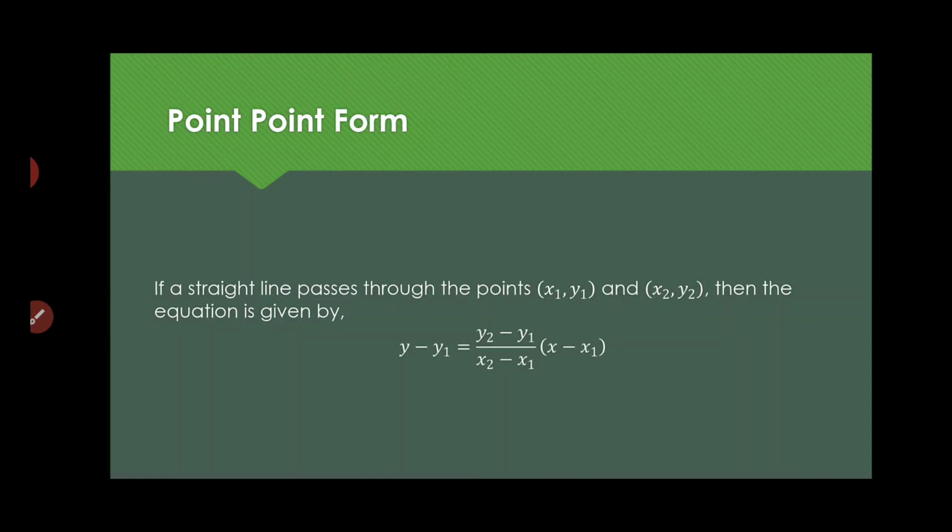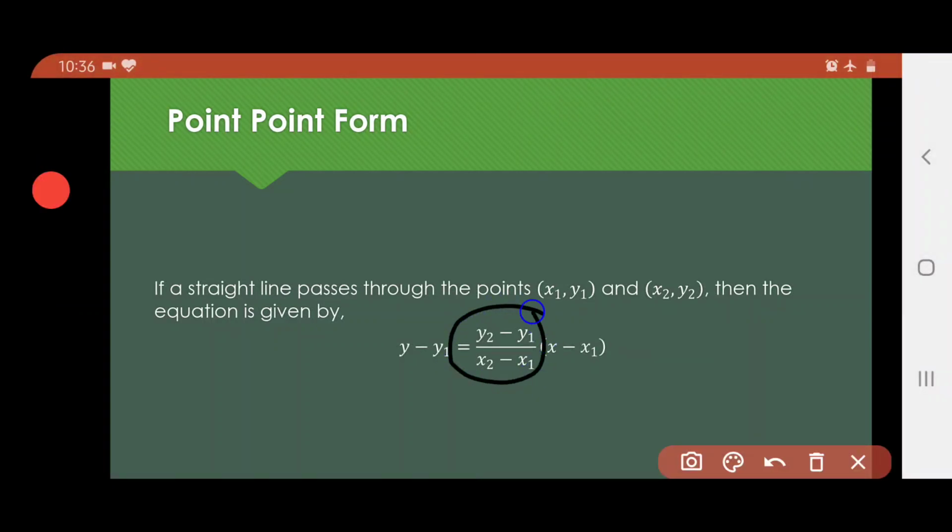So basically you are finding the slope here itself. In the previous case, the slope will be given ready-made, you won't have to find it. Here, you are finding the slope and then putting it in the formula. So there is not much difference between point form and point slope form.